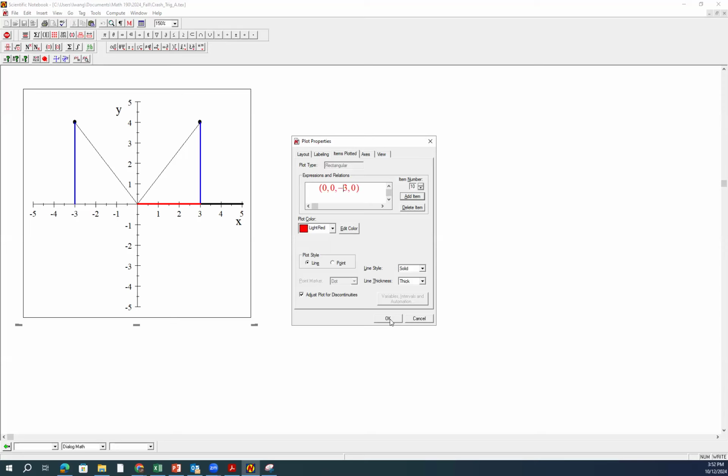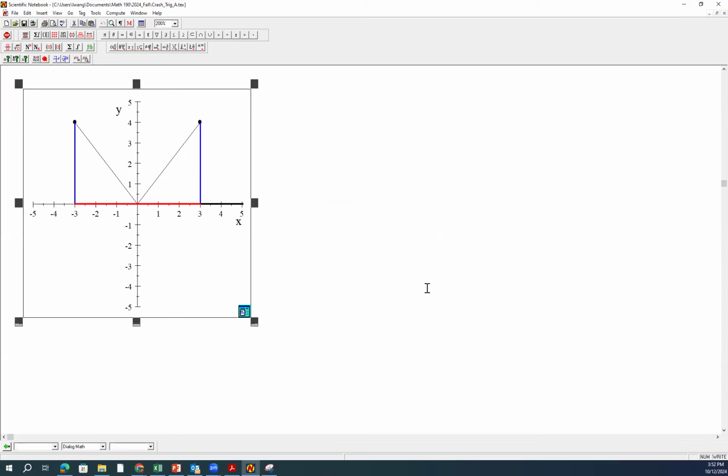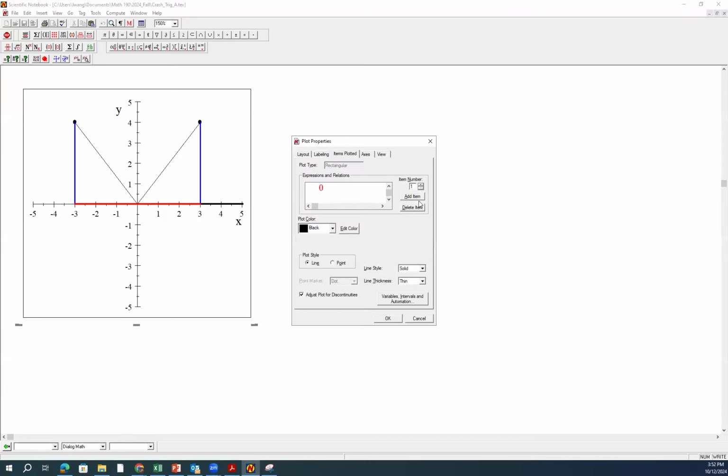You don't have to know how to use the software. I just need to put them there. So you can see that's -3, 4, right? And next, we're going to put the third point there, which is a -3, -4. Okay, so that's -3, -4.